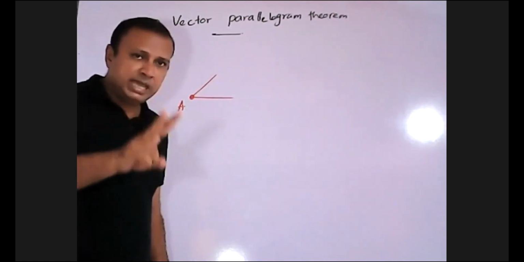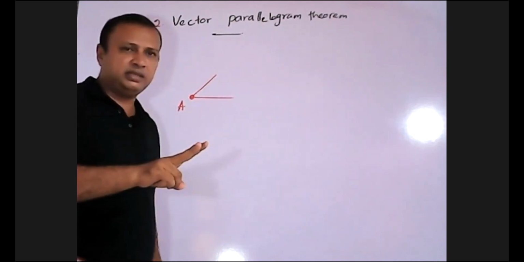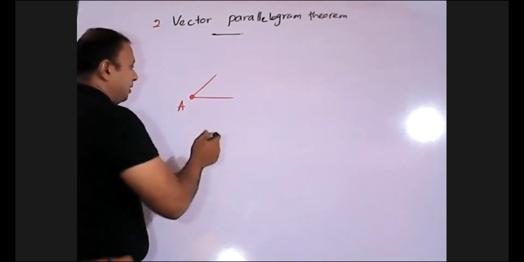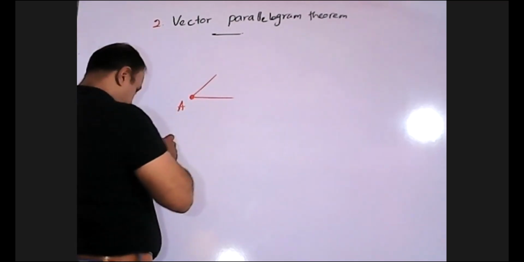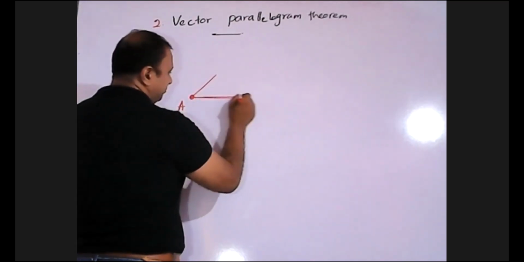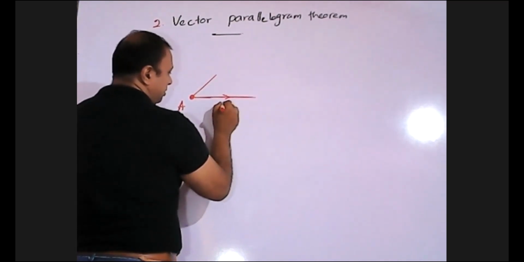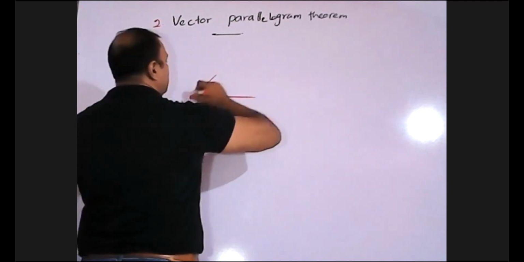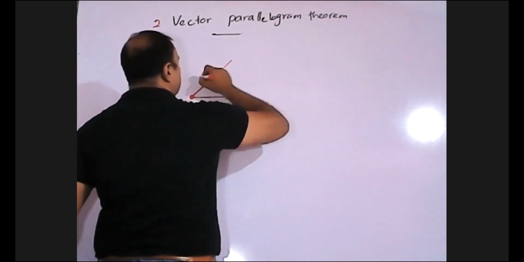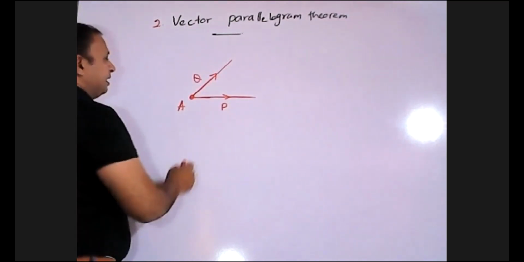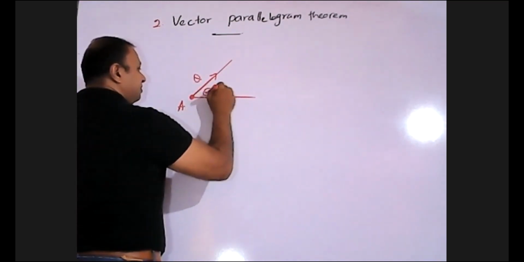Remember this: the resultant force of two coplanar vectors which are acting at the same point. Suppose this is P, this is Q. The angle between these two vectors is theta.